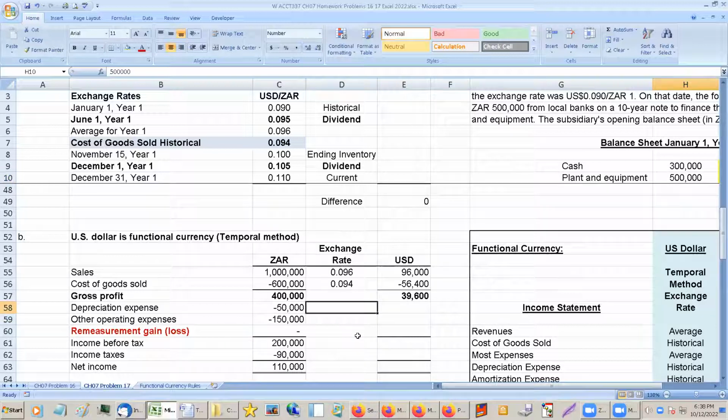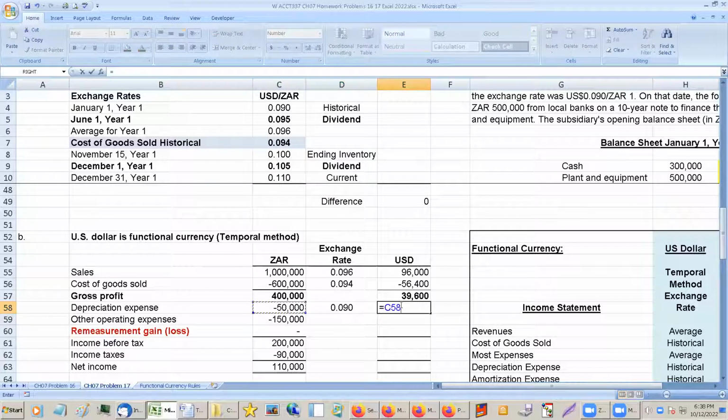What will be the rate for the depreciation expense? Would it be 0.090? Yep. So you have to go all the way back to the very beginning to get that one, the first day we put that equipment on the books.